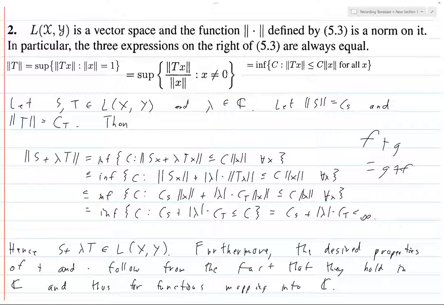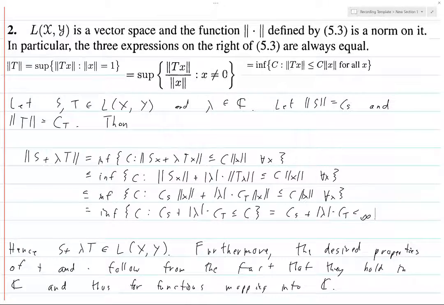You do the same thing for the properties of scalar multiplication, for associativity of addition, also distributivity, all those things. It all just works out very nicely, and I'm not going to go through all the details here.